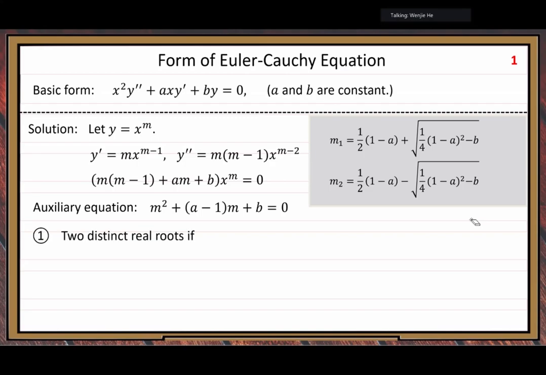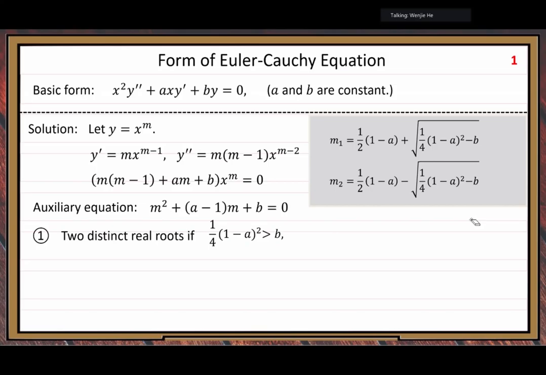The first case: this quadratic equation has two distinct real roots. Two distinct real roots means the whole number under the square root must be strictly positive.